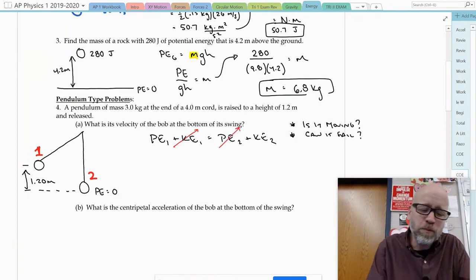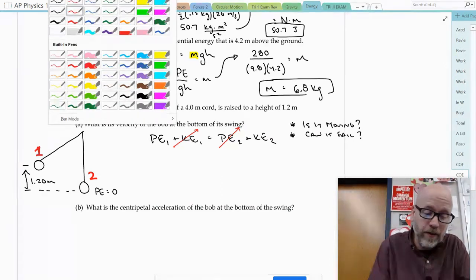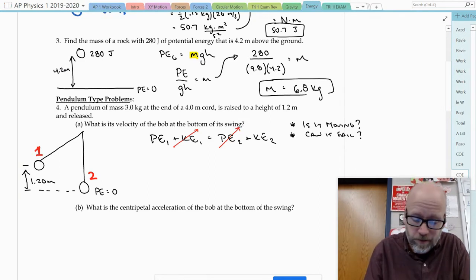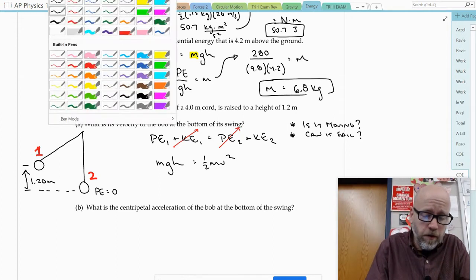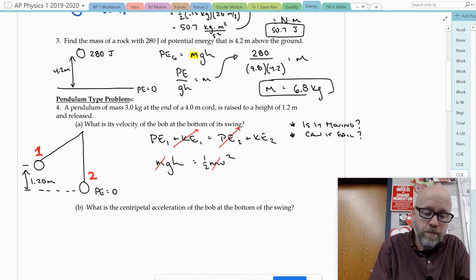And I go through this process of drawing in the whole formula and then canceling things out, because that's what we do in physics. Now, the potential energy is going to be mgh equals 1/2 mv squared. Oh, look at that. The masses also cancel out.